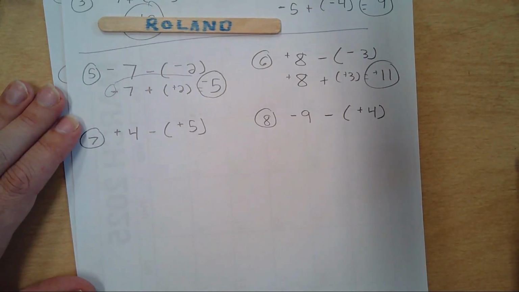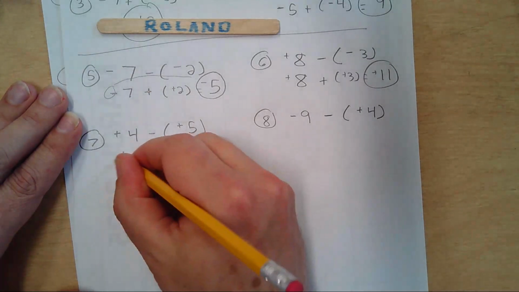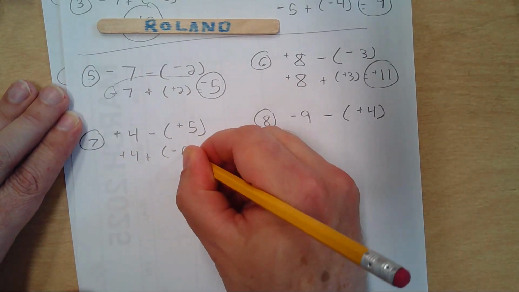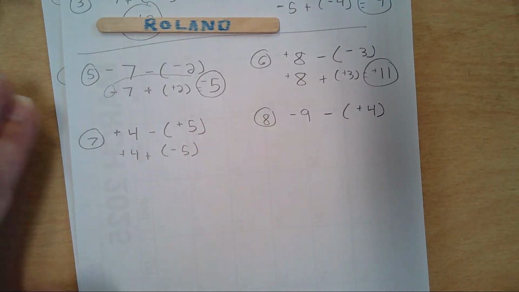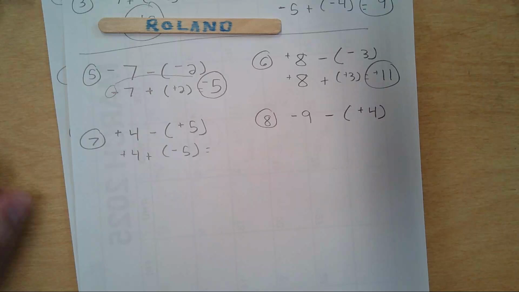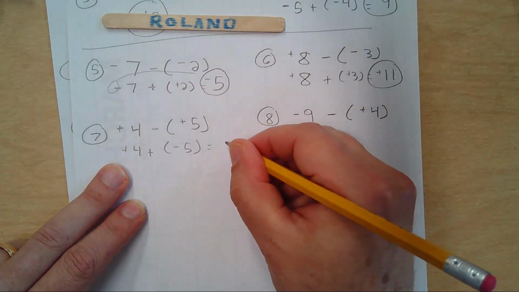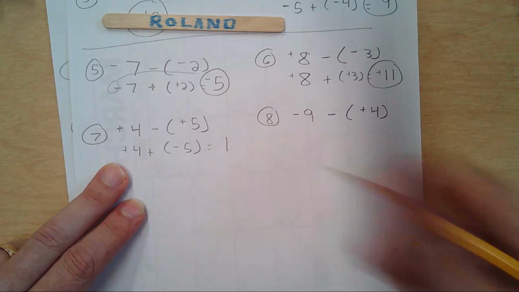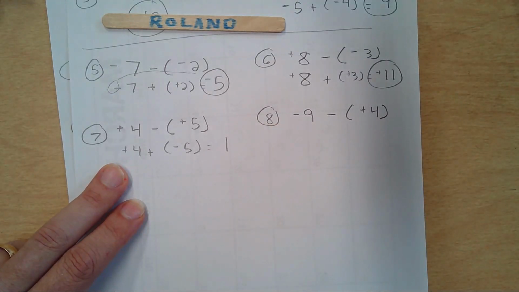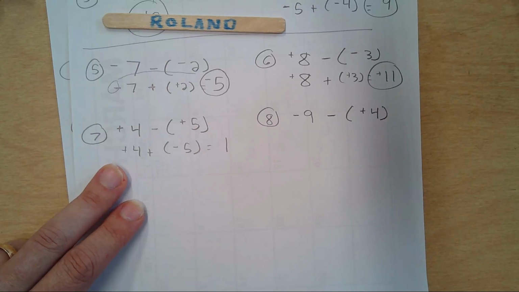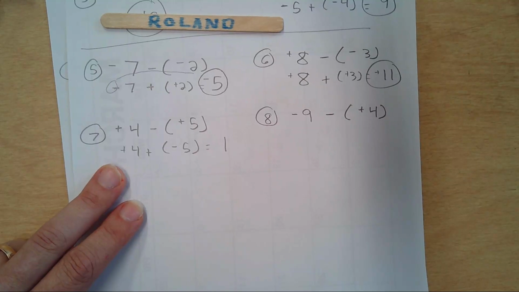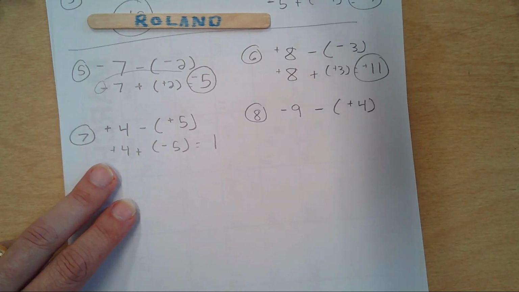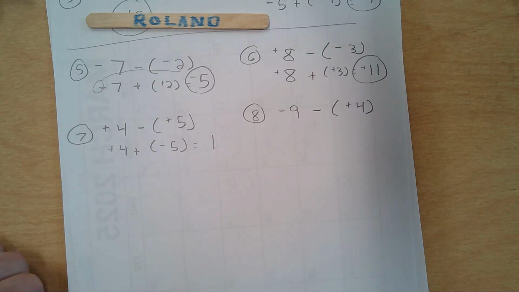So, 4 plus -5, and since they're different signs, it's 5 minus 4. That'd be 1, because 5 minus 4 is 1. Yeah, that's the first step. Step 2 says to carry the sign from the value that had the larger number.